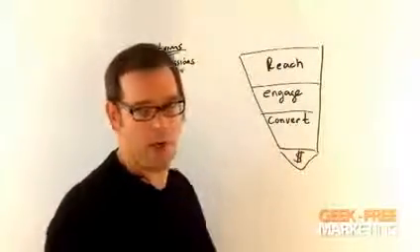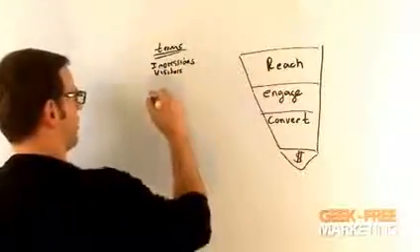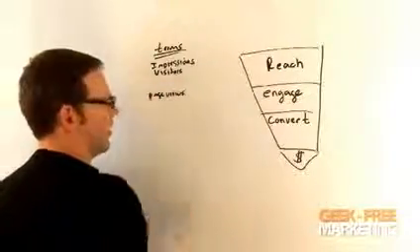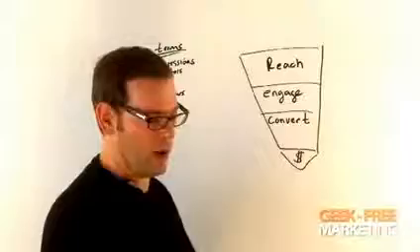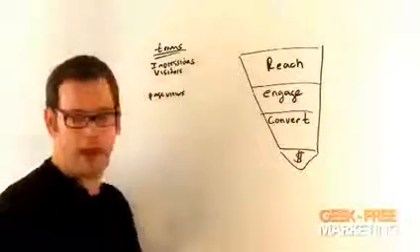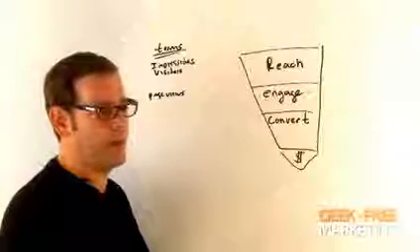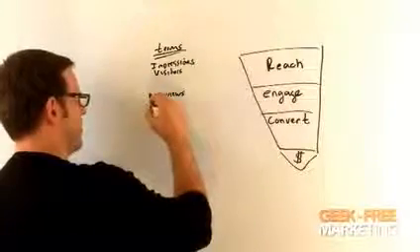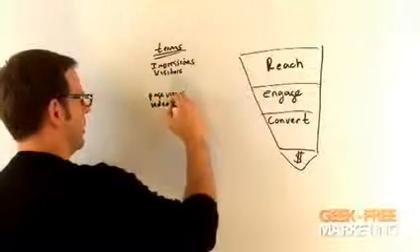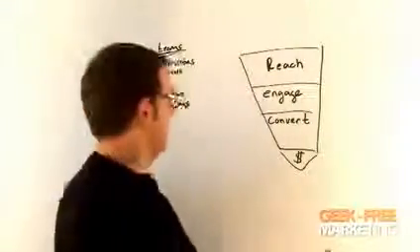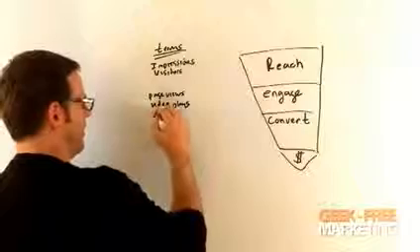For engagement, you might hear terms thrown out there like page views, anything that describes whether people last more than those first 3 seconds before they bounce. You might measure that by video plays. Another way to look at engagement, if you have an ebook or something on your site, is downloads.